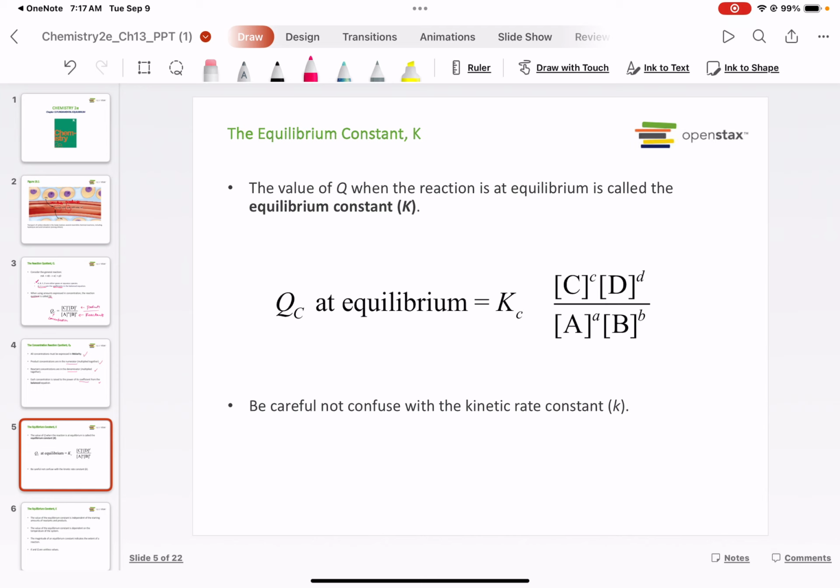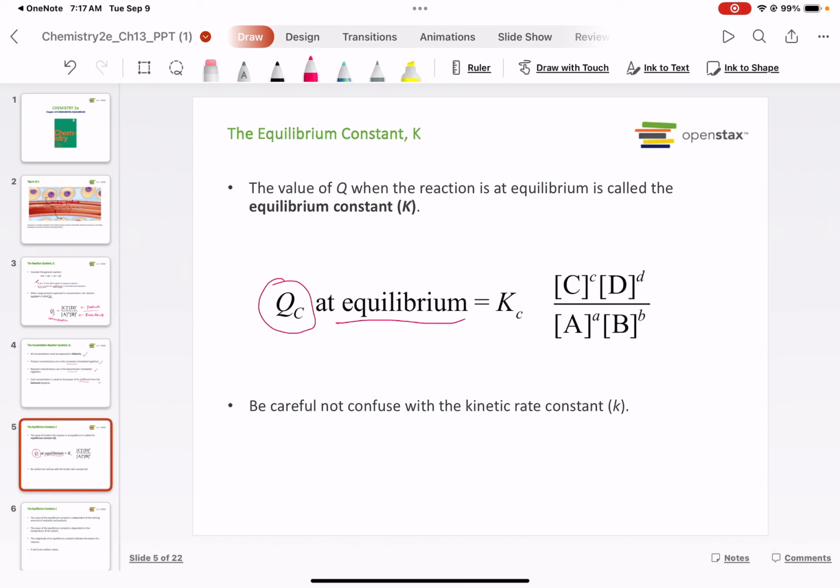Now, at equilibrium, like I mentioned earlier, there's no more change in the concentrations.